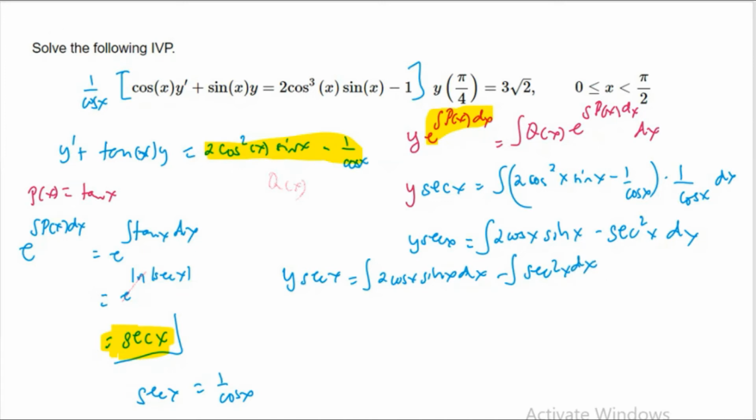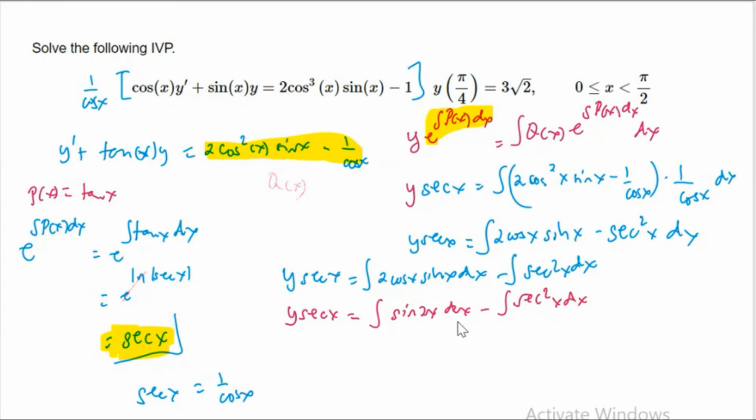On the first integrand, or the first term on the right hand side, it has an identity of sine 2x. So rewriting that, we have y times secant x is equal to the integral of sine 2x dx minus the integral of secant squared x dx.